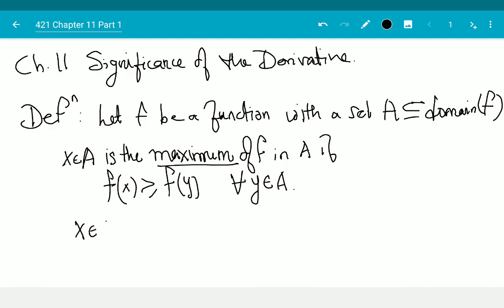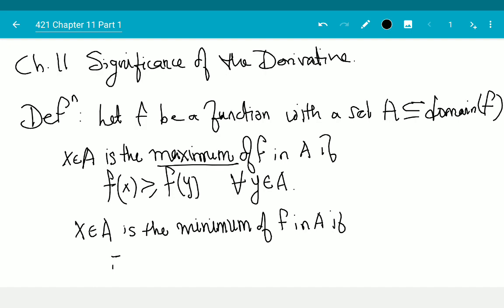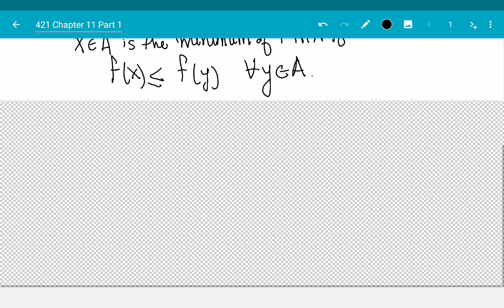Similarly, x in A is called the minimum of f in A if f of x is smaller than or equal to f of y for every y in A. This is nothing new. You have seen this since a very long time, and it's the usual stuff.